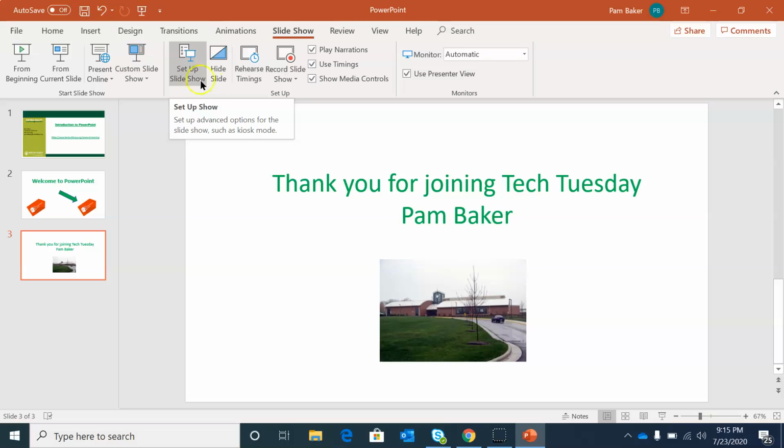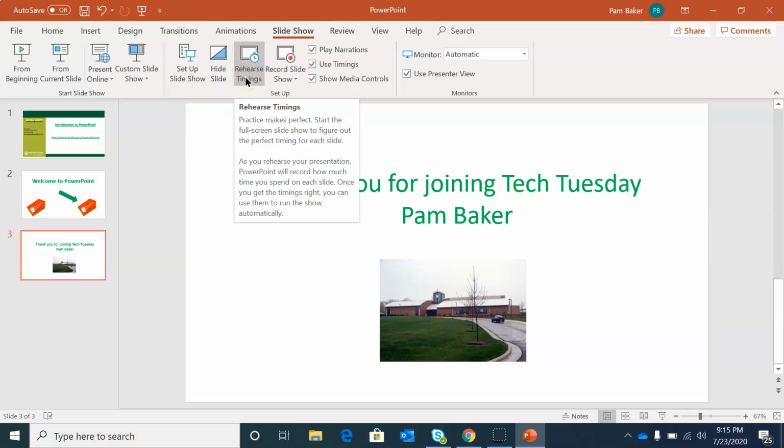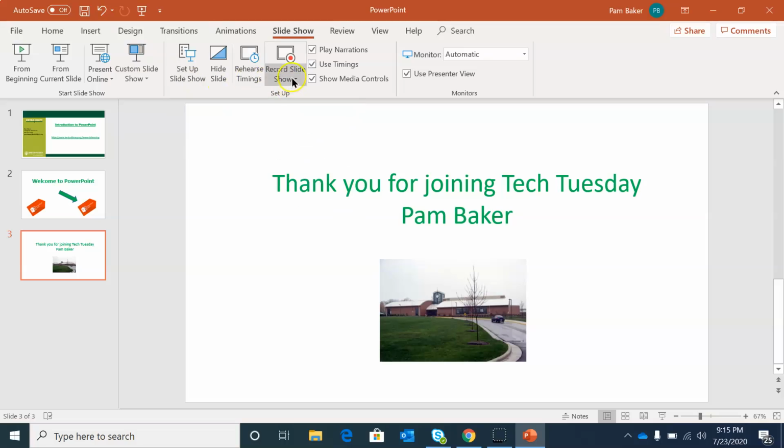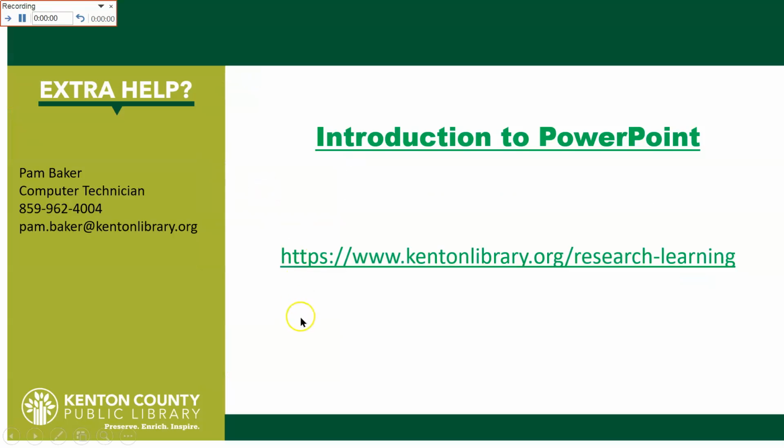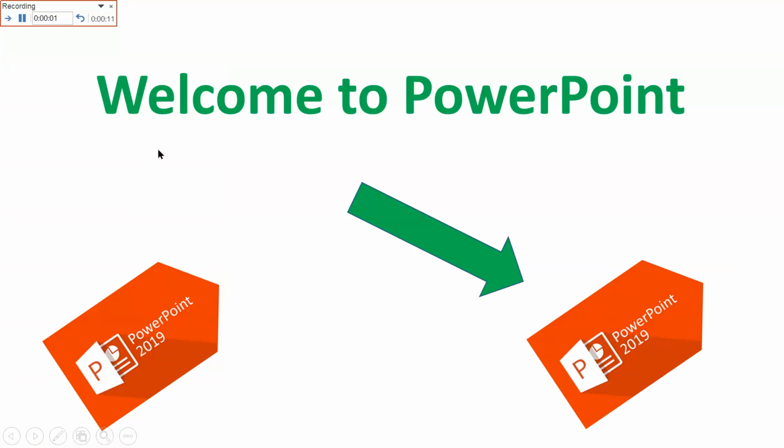But you can also set up a slideshow. You can actually rehearse timings. So let's go back to slide 1 and click on rehearse timings. You'll notice up in the left corner, there's a little recording button. What it does is record how often I want the next slide to pop up.